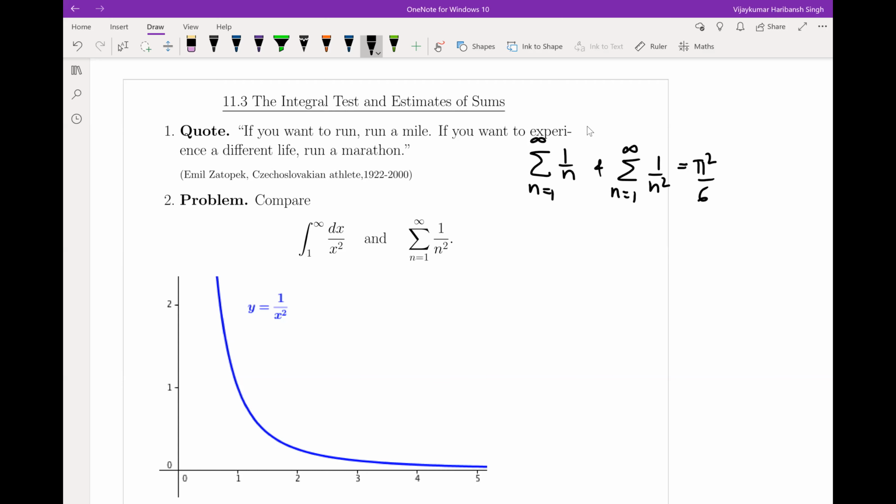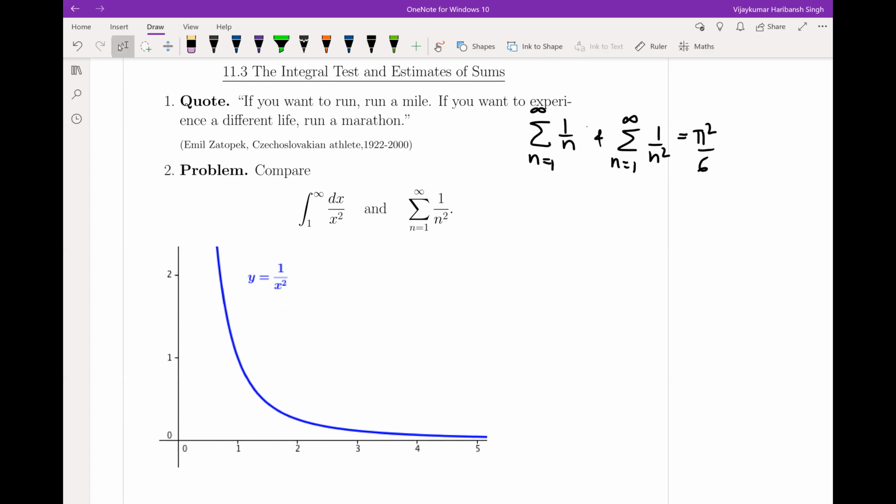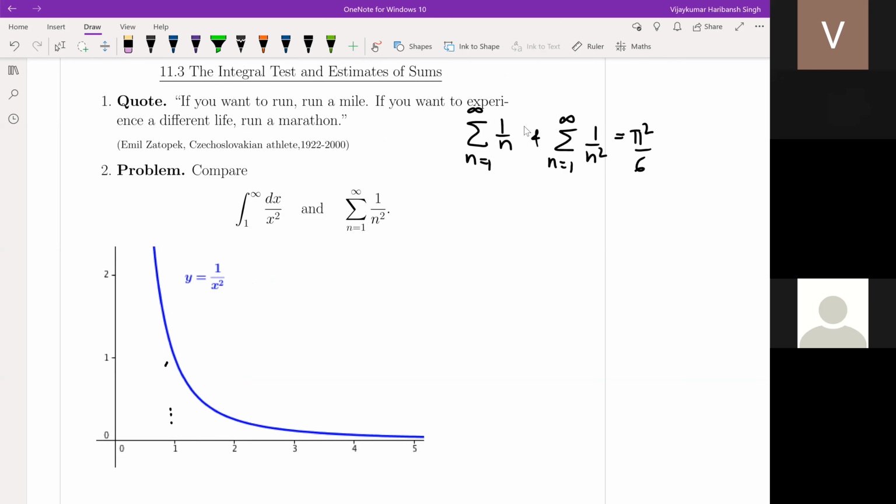So we want to basically compare the integral from 1 to infinity of dx by x square and summation n equals 1 to infinity of 1 by n square. To make this comparison, let's do the following.